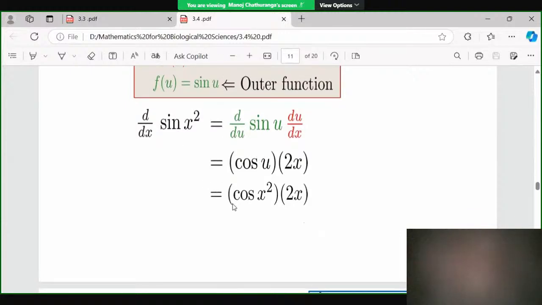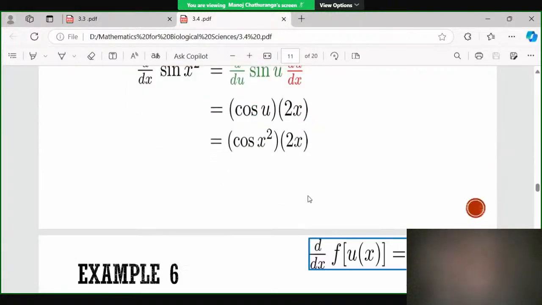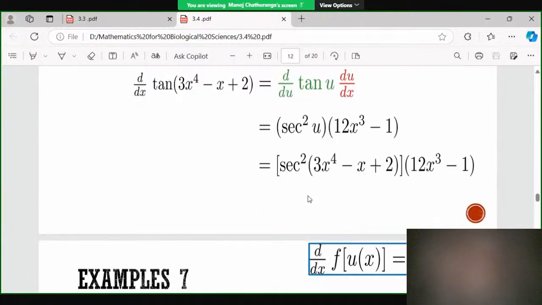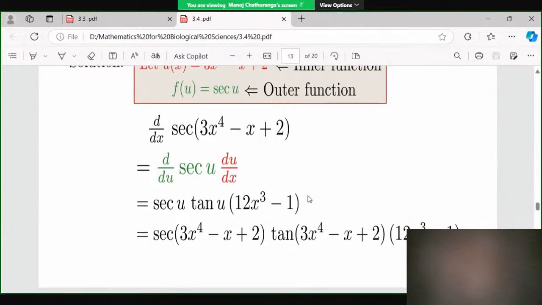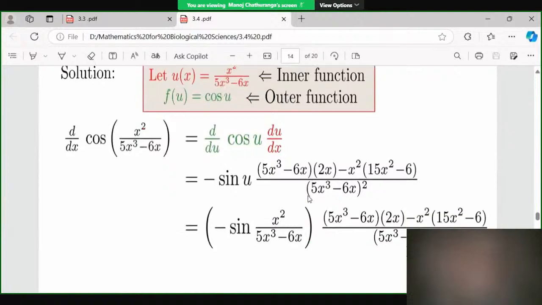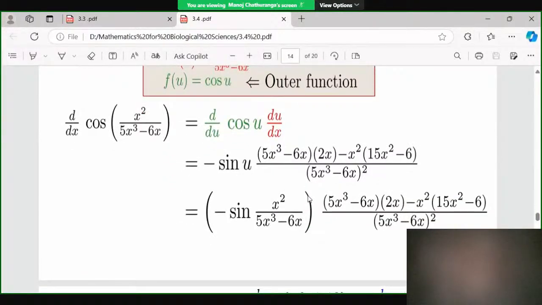You differentiate the outer function while keeping the inner part, then you differentiate the inner part. The same rule applies when you have functions made by more than two components.